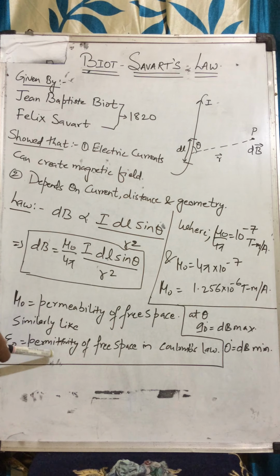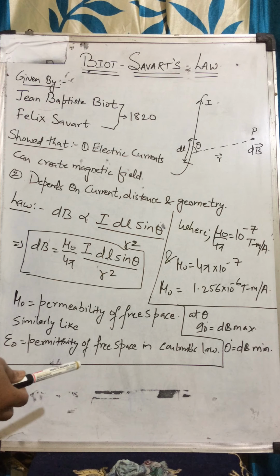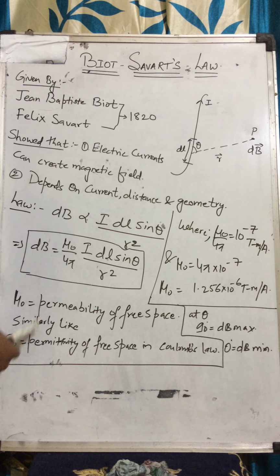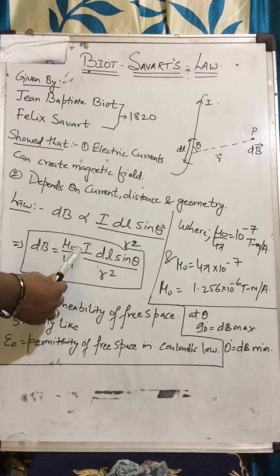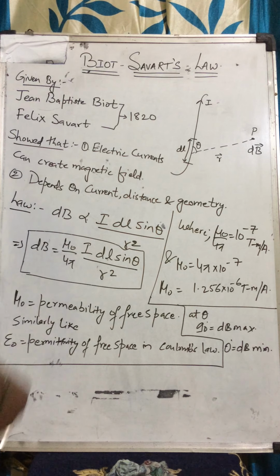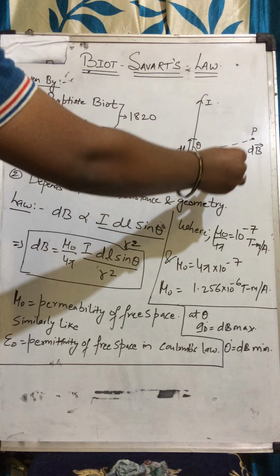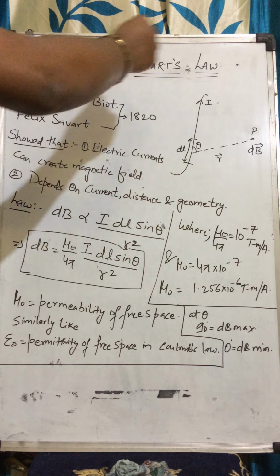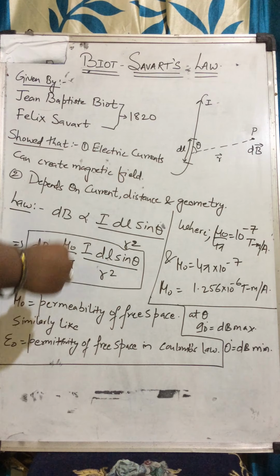Here it is permeability, and this mu naught is in the numerator. So if the permeability of free space is more, then this value of dB will be more. It means the medium allows more magnetic field to spread in that region.